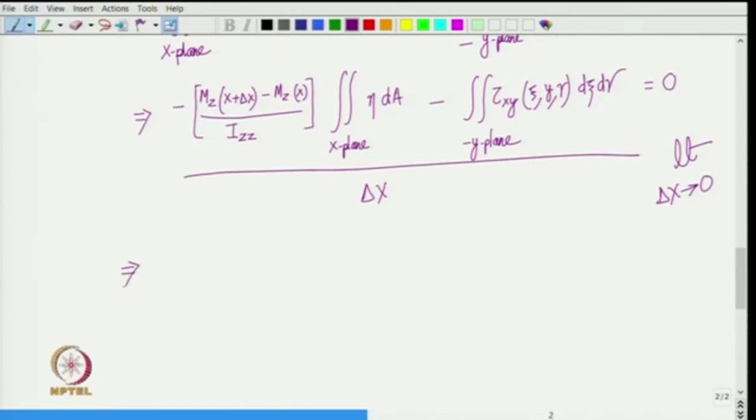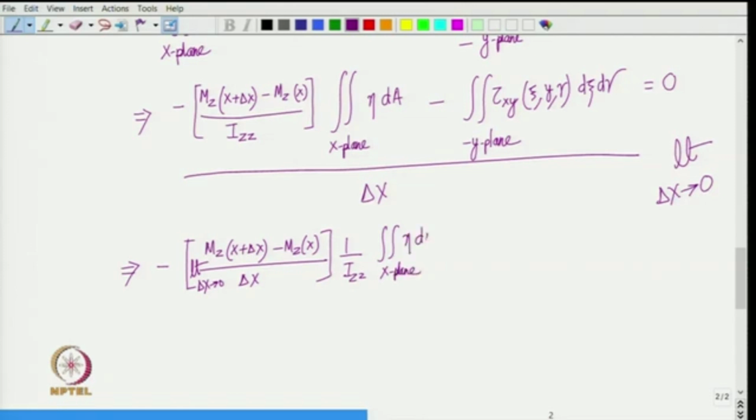So, we can see that the thing here outside the integral we have minus m z x plus delta x minus m z of x divided by delta x, right, and we apply the limit here delta x going to 0 into 1 over I z z times integral over x plane eta dA minus, now you see tau x y, which we are saying right now is a function of zeta y as well as gamma, and gamma is the z coordinate, and we said in the beginning that let us take an approximation such that tau x y does not vary along the z coordinate.